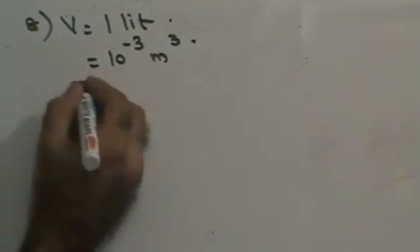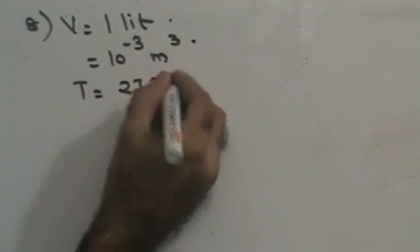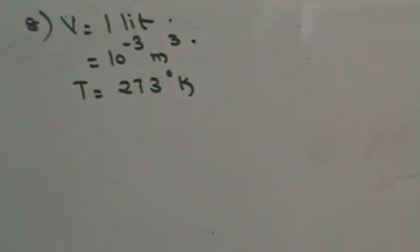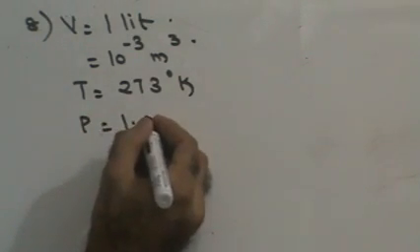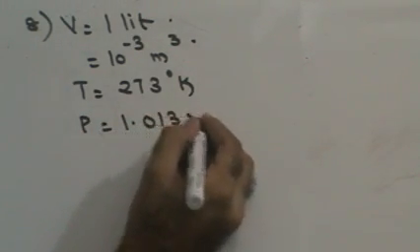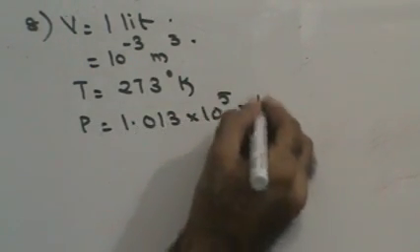That means the temperature is going to be 273 degrees Kelvin, right? And the pressure is going to be 1 atmosphere, that's 1.013 into 10 raised to 5 newtons per meter square.